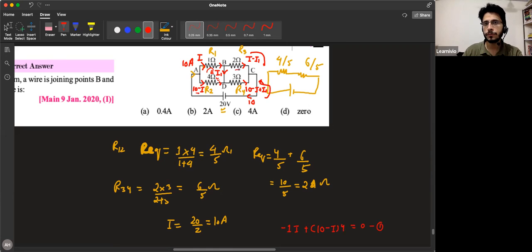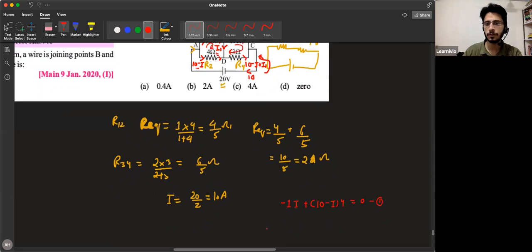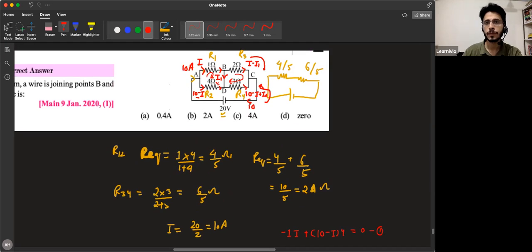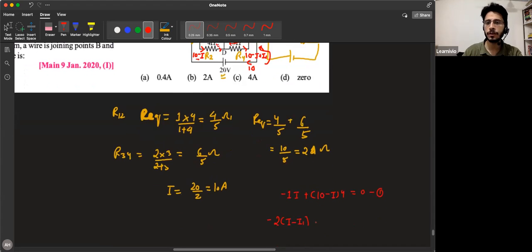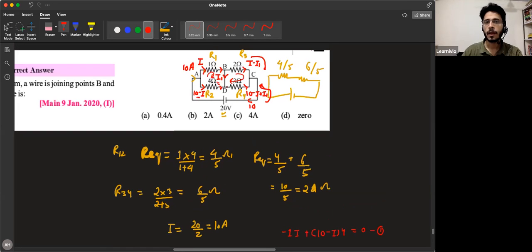For this loop, you can move in this way. This is 2 ohm and the current is I minus I1, so it's minus 2 into (I minus I1). Then again, you are going in a direction opposite to the direction of current and it's plus 3 into (10 minus I plus I1). And again, there is no current through the arm PD.